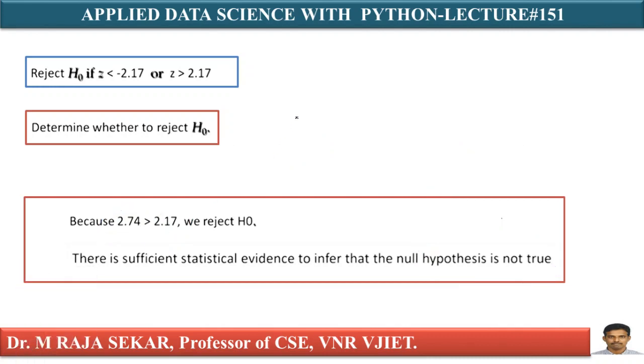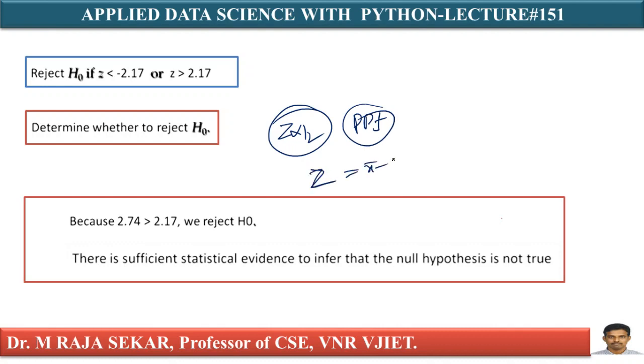Just calculate the Z alpha by 2 value with the help of the PPF function. Calculate the Z statistic using x bar minus mu by sigma by root n. Just apply this test. If that calculated value is less than minus Z alpha by 2, or greater than plus Z alpha by 2, I can say it will be in the rejection region.